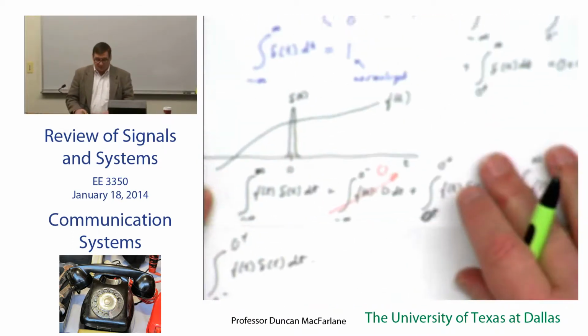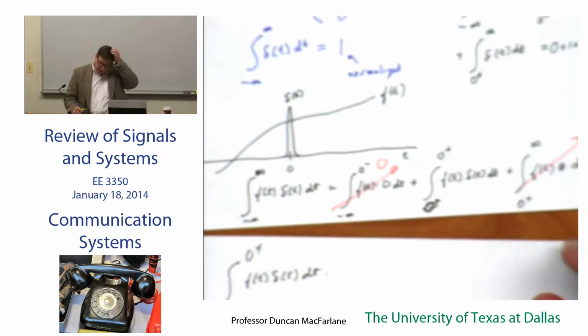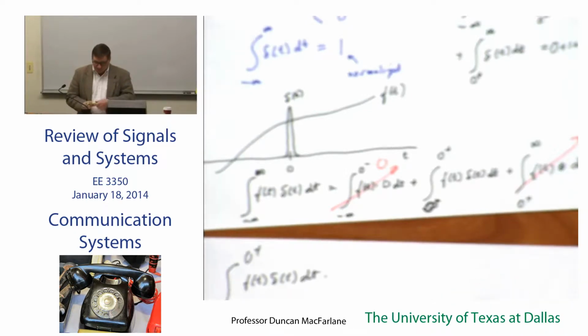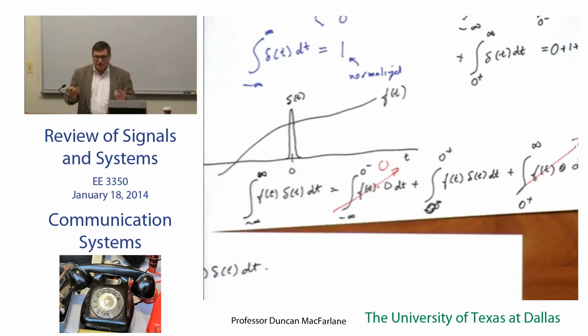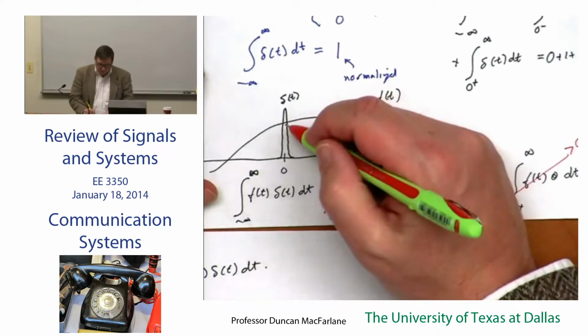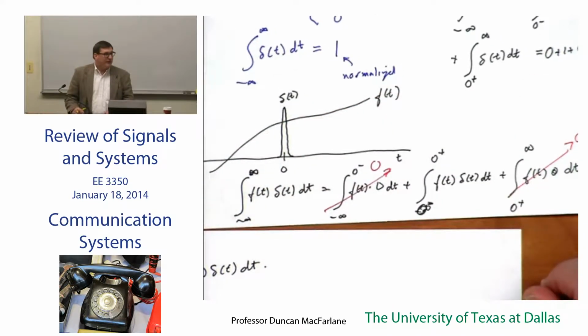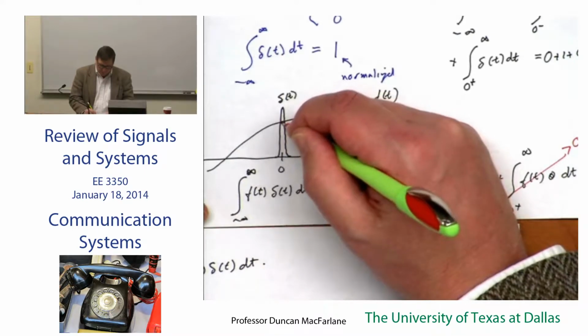And so I look at my figure and I scratch my head a lot. And I look at this figure and I say, well, gee, okay, this f of t is wiggling all over the place. It's a nice function. That's its job, is to wiggle all over the place. However, right where the delta function is, if that delta function is 0 width, it has only one value. It's only the value at that point.